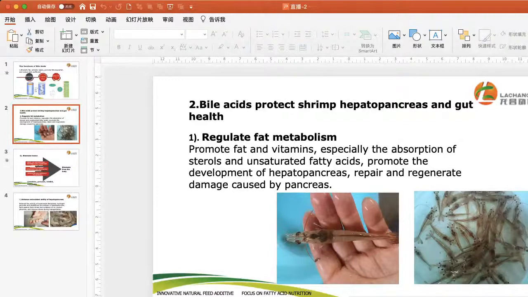Like the first, it can regulate the fat metabolism. It can promote the absorption of fat and vitamins, especially sterols and unsaturated fatty acids, and promote the development of hepatopancreas and repair and regenerate damage caused to the pancreas.